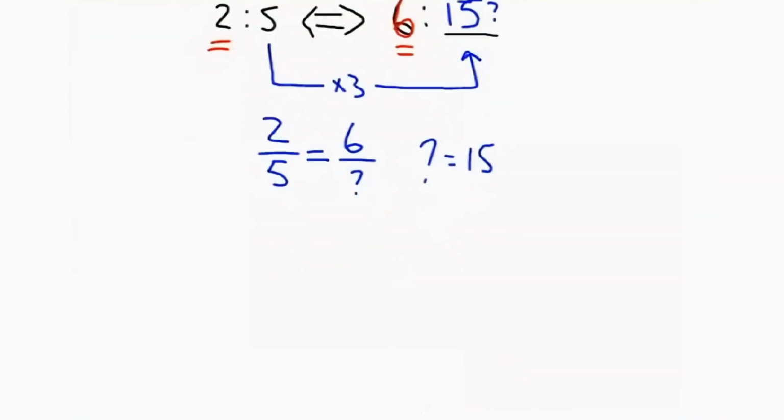Another way of looking at that is that 2/5 is equal to 6 over 15, and those are equivalent fractions. Because when we multiply the numerator by 3 we get 6, and multiplying the denominator by 3, we get 15. So that gives you an introduction to ratios. Let's look at something else.